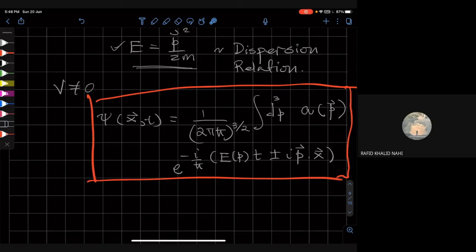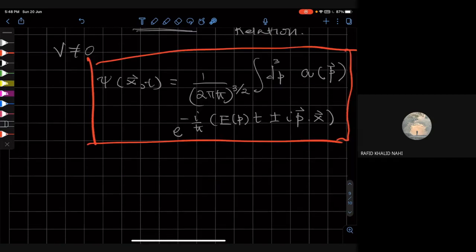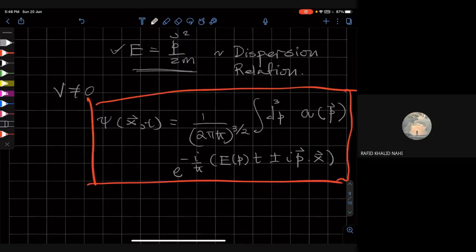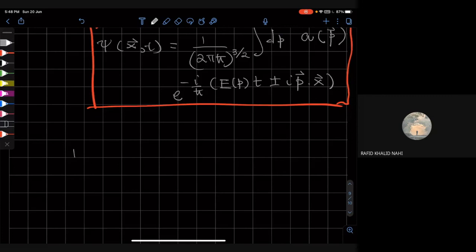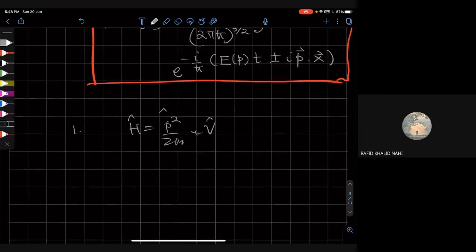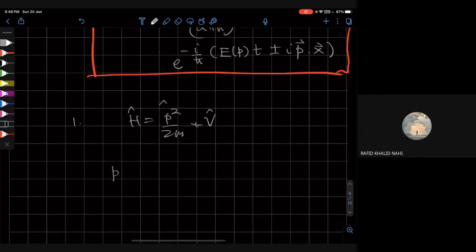Okay, so let me rehash the argument. Suppose that our Hamiltonian has both a kinetic term and a potential term, right? And these are operators. Now I find that P, as an operator, is a Hermitian operator.